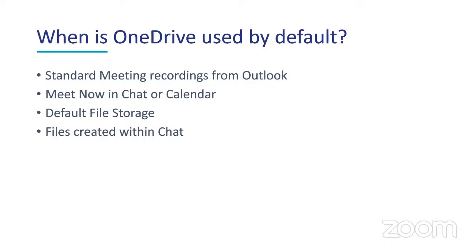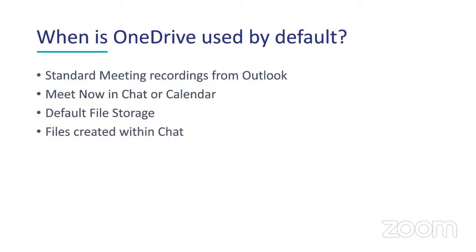But sometimes you want to just meet with a select few, not a formal team of people. So OneDrive is used whenever you make a meeting that you're deciding on who should be involved. So it's your normal Outlook meetings, and it could be outsiders, could be insiders, could be anyone you choose, but that's not involving a Teams meeting. Those of you that know Teams will know what I mean.